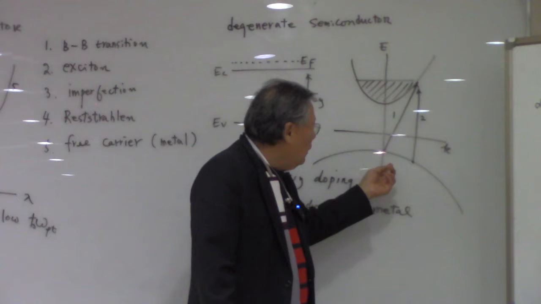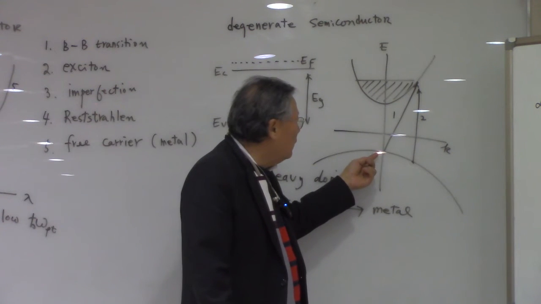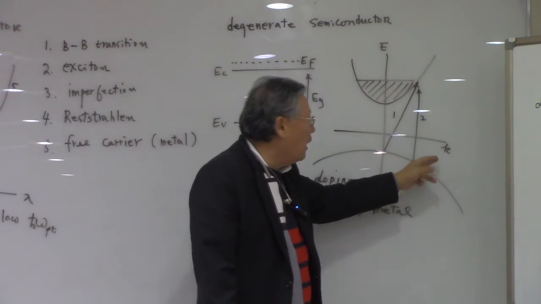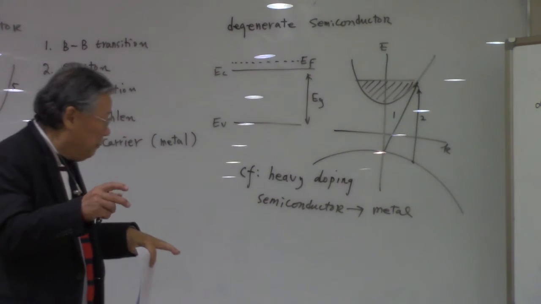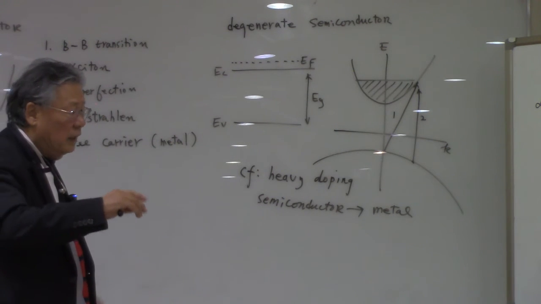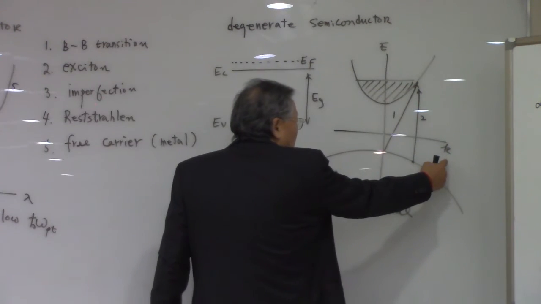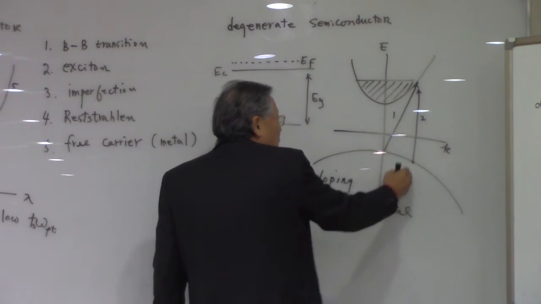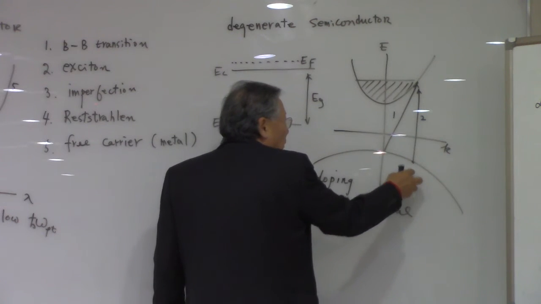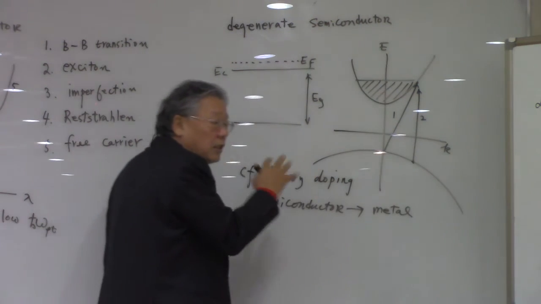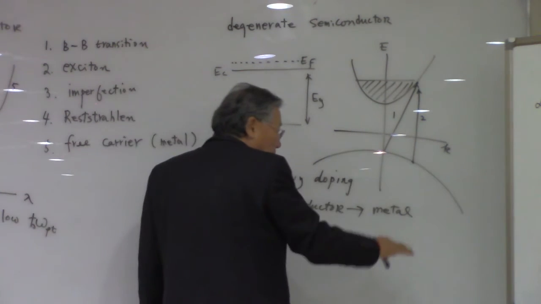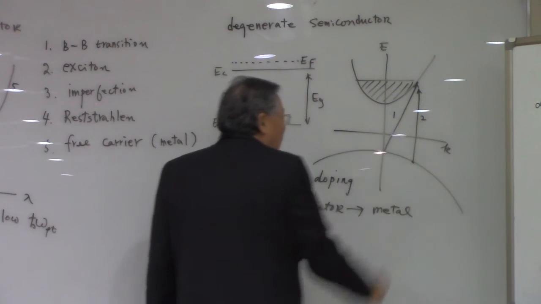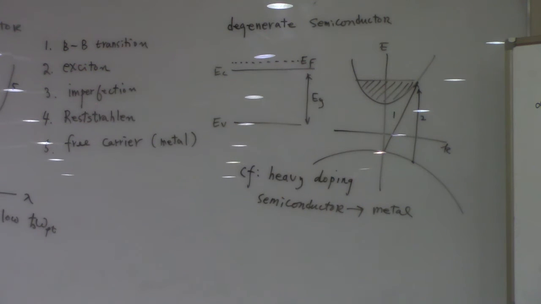And for the number two, it does not accompany a change in wave number, K values, so it may have a higher probability for the optical transition, but the electrons involved in this direct transition are not the most energetic electrons, so that the probability is reduced, so that the probability for number one and number two to happen is almost the same in the degenerate semiconductors.